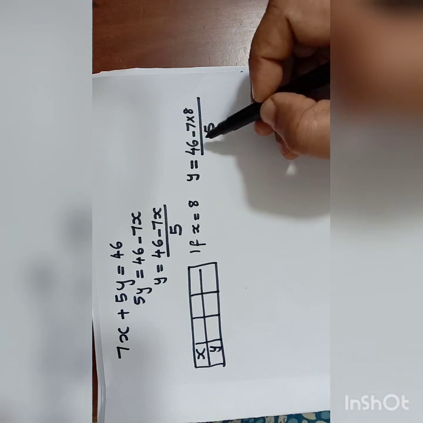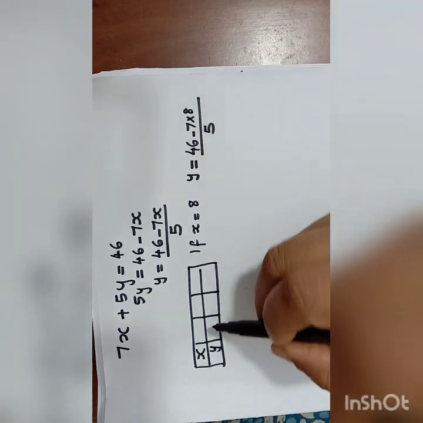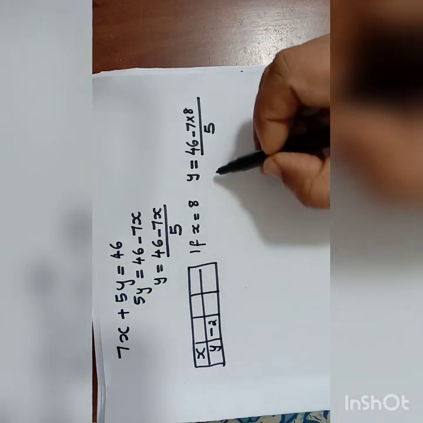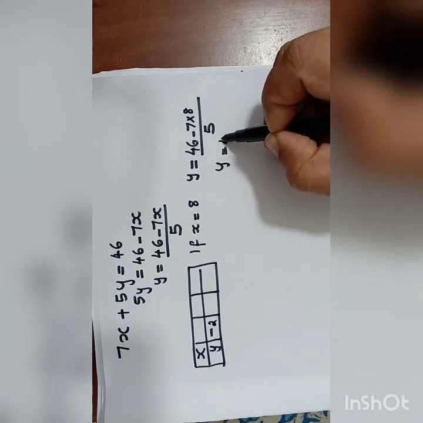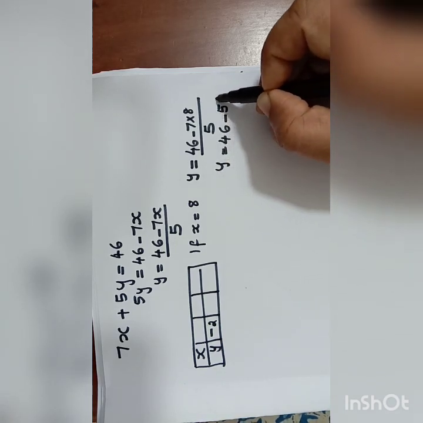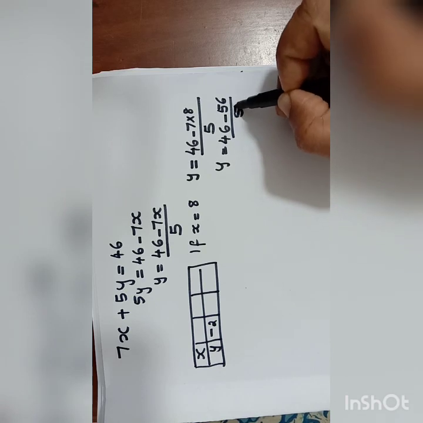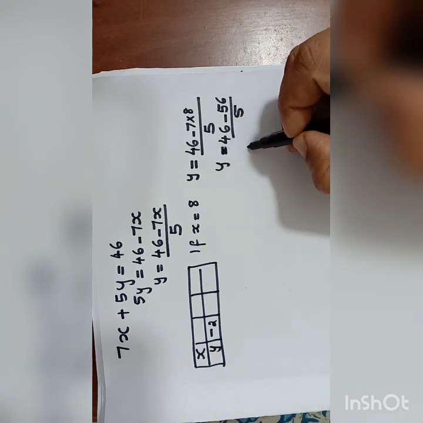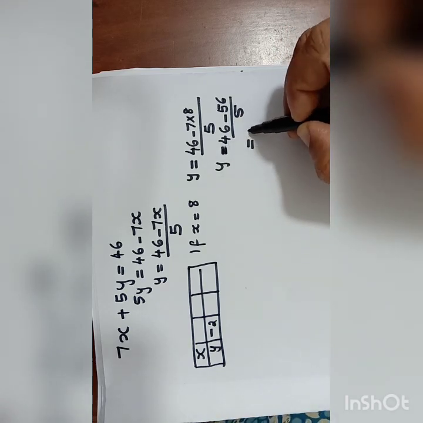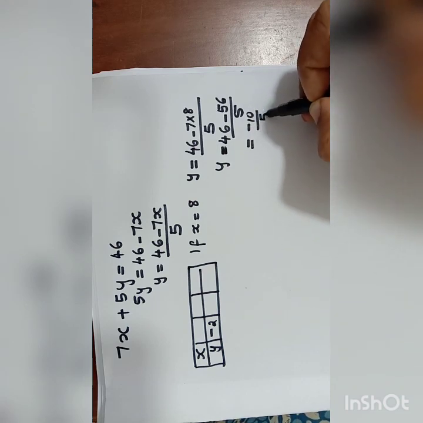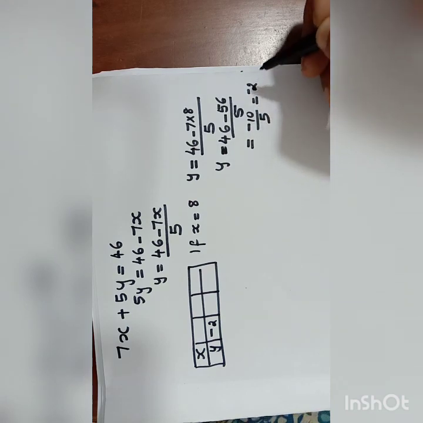Therefore, y is equal to 46 minus 56 divided by 5. 46 minus 56 is negative 10 by 5 equal to negative 2.